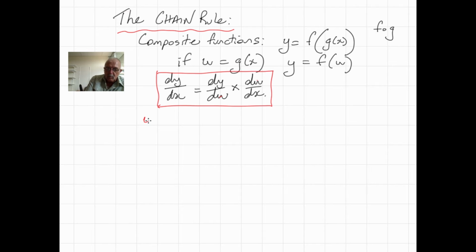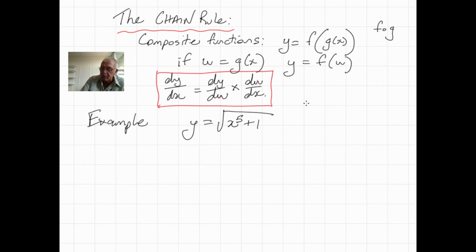If we've got y equals the square root of x to the 5 plus 1, that's an example of a composite function.